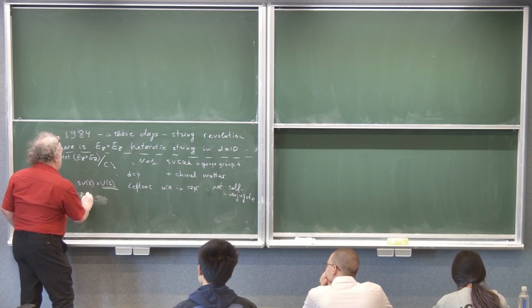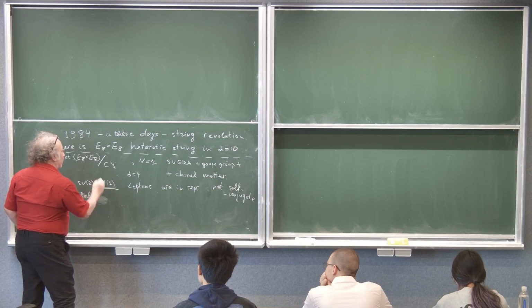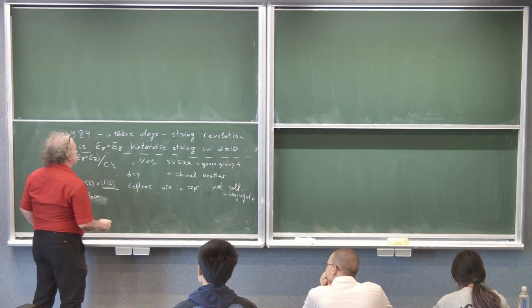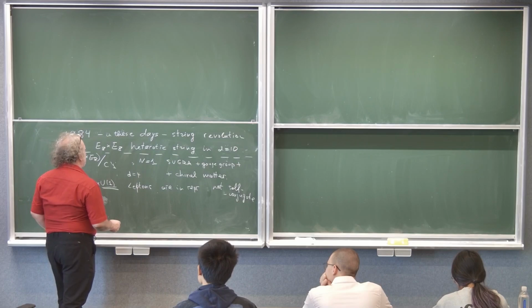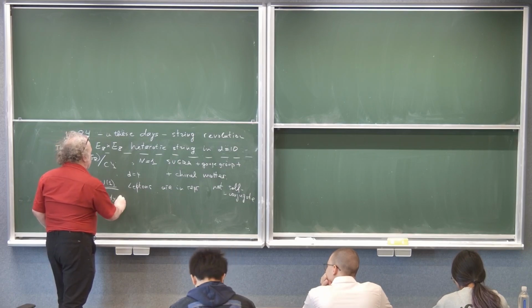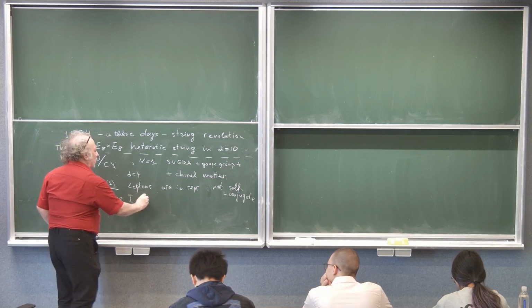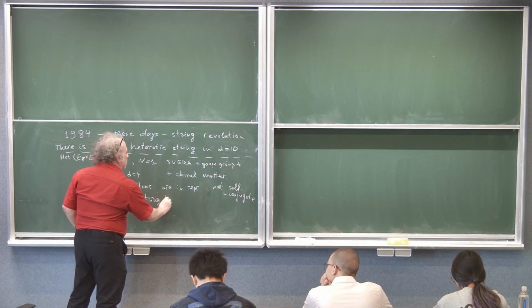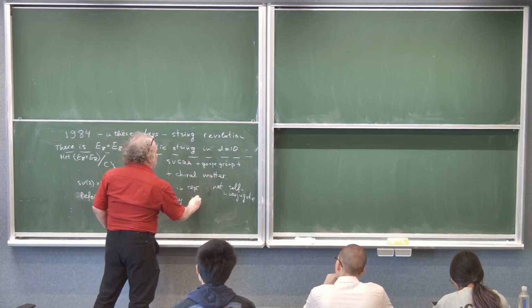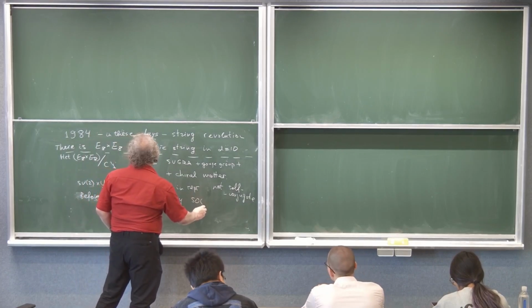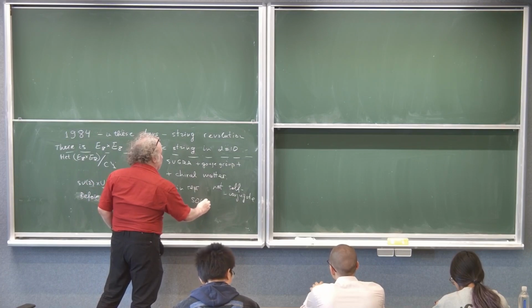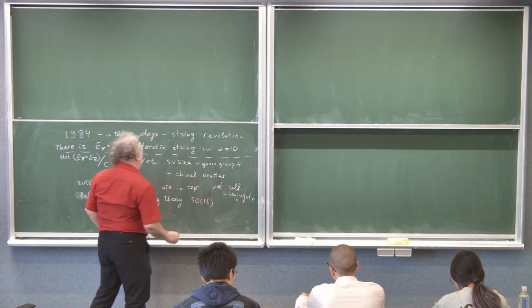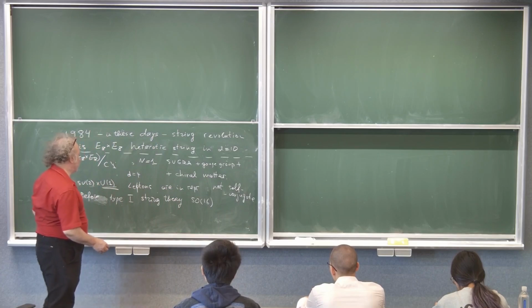You see, before this revolution, there was also type 1 string theory with the gauge group SO(16), or maybe SO(32), I don't remember.